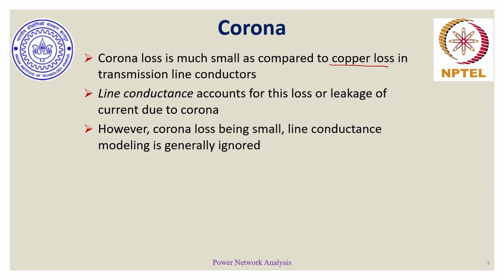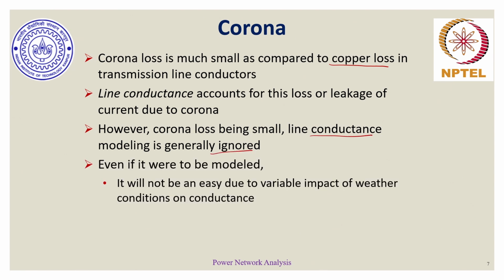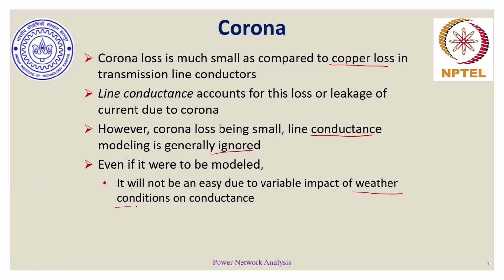The modeling of corona loss itself is difficult. Even if it were not difficult, it's very small, and that is the reason why line conductance modeling is often ignored in transmission line parameter evaluation. Even if it were to be modeled, the modeling would be very rigorous, because corona is not a continuous event. Its occurrence is an uncertain event, because it depends on weather conditions, nearby conductors charging and discharging, power flow happening, and line switching on and off.